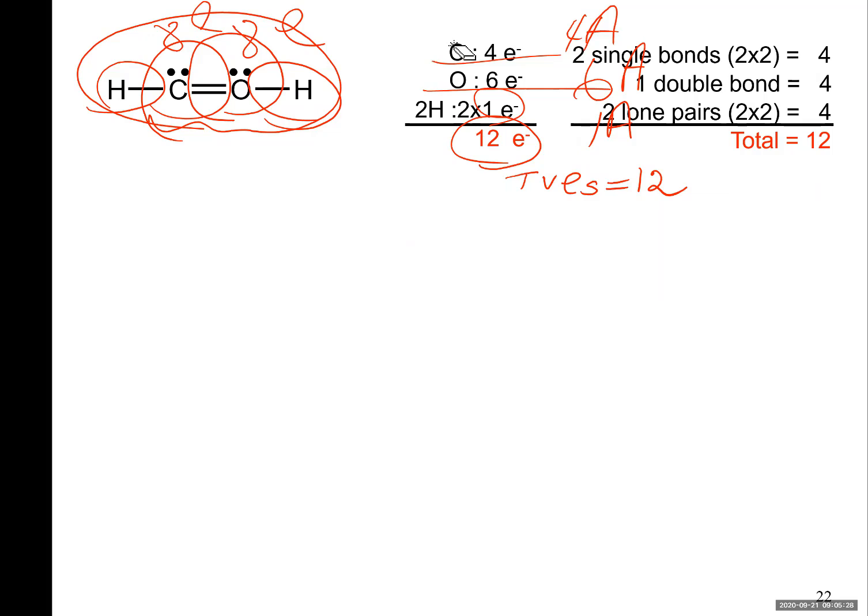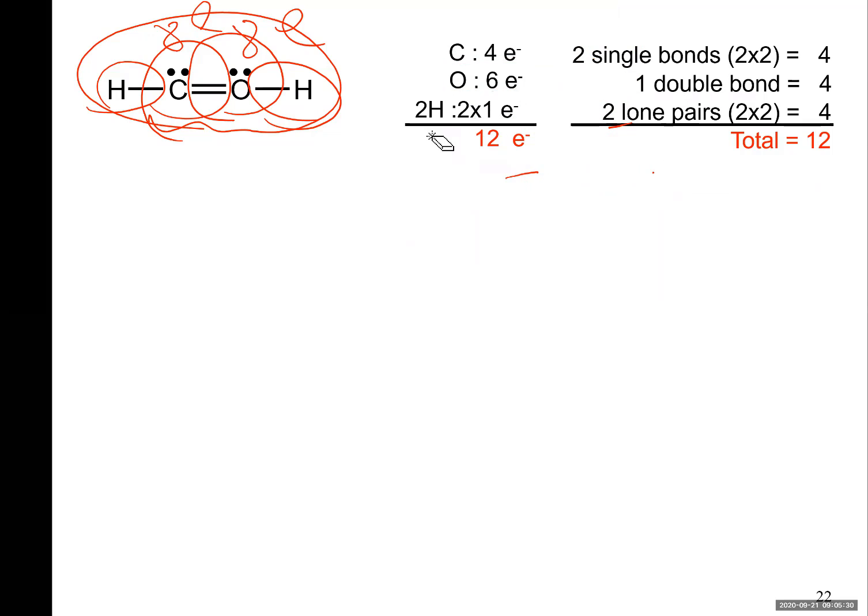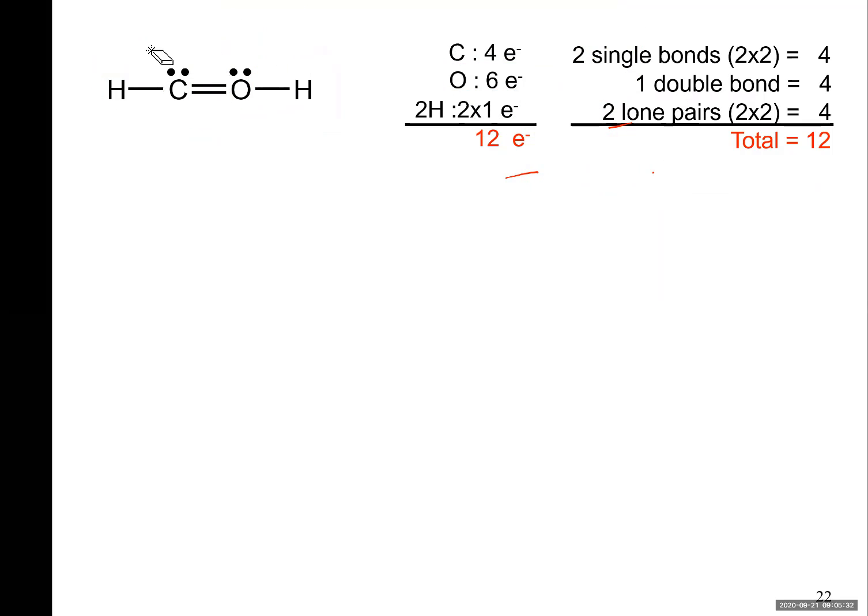And when we wrote this structure, how many electrons are we using? Is this a valid structure? Can I say I have 2 single bonds, and 2 single bonds use 4 electrons? Can I say I have 1 double bond? Every double bond means 4 electrons.